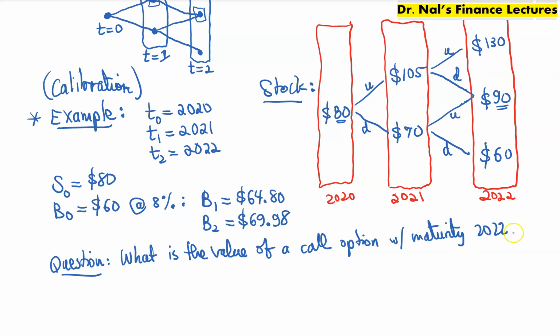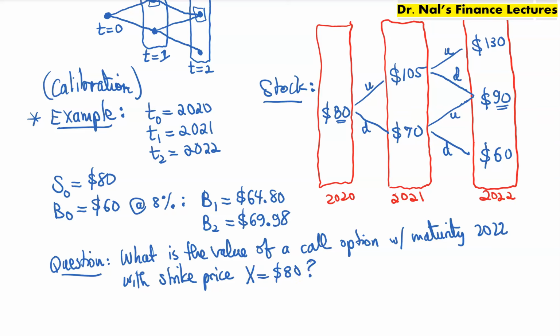This option will expire in 2022. You can only exercise it in the year 2022. In that sense, it's a European call option with a strike price. Some textbooks call this strike price with the letter X. Some textbooks call it with the letter K. Doesn't matter. Let's call it X, for instance.